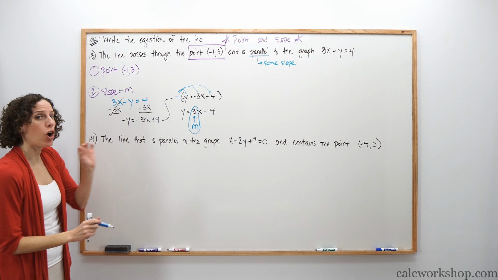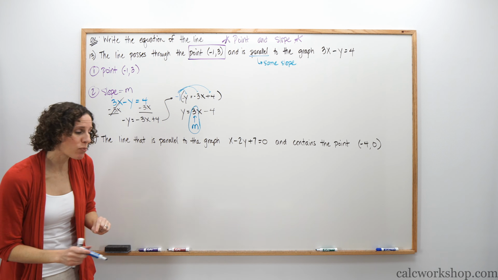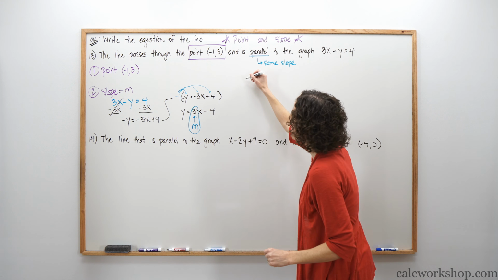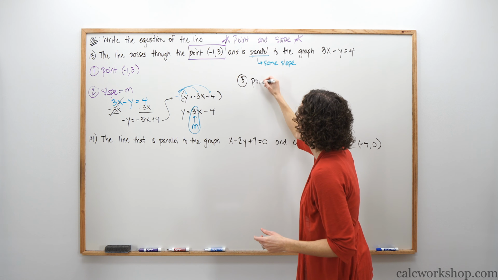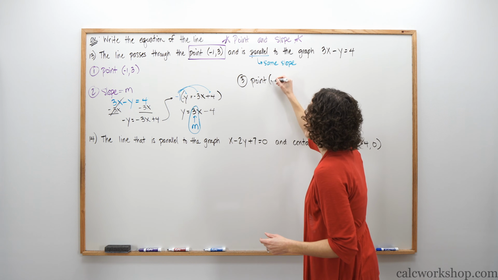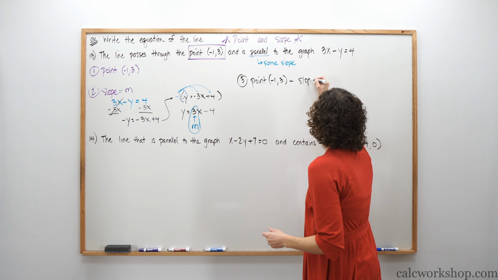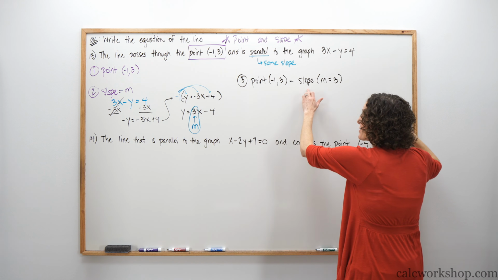So now that I've been armed with a point and a slope, I can now write the equation of this given line. So step 3, I have my point, which was given to me, negative 1, 3, and I have my slope, which is m equals 3. So it's point-slope form.